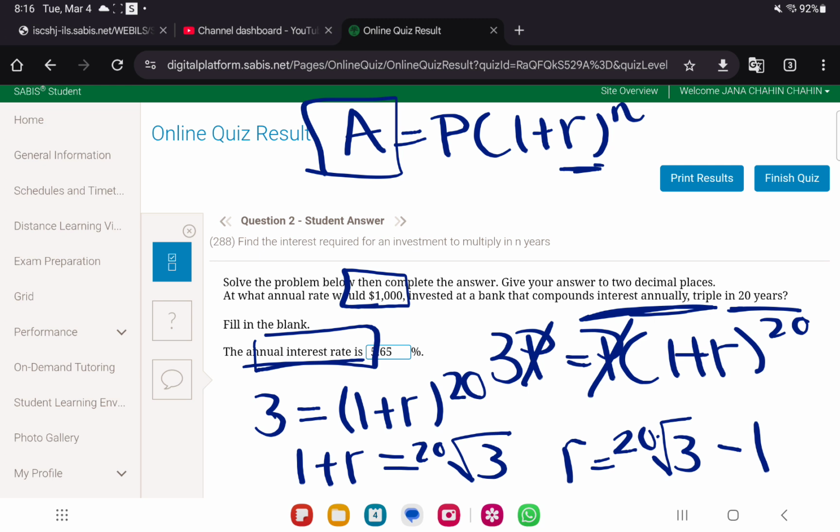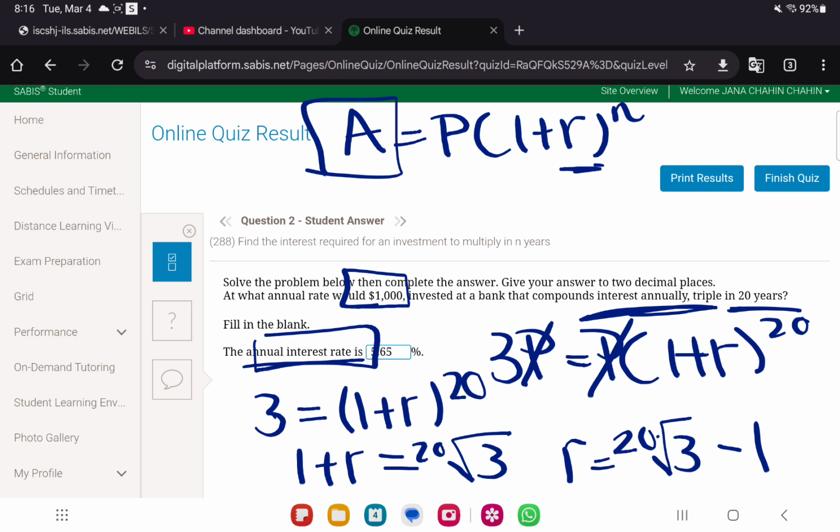Do that on your calculator. Press shift and the radical sign, go up to the index and delete, put in the number you want, then go back down, write 3, and minus 1. You get 0.0564 and so on.